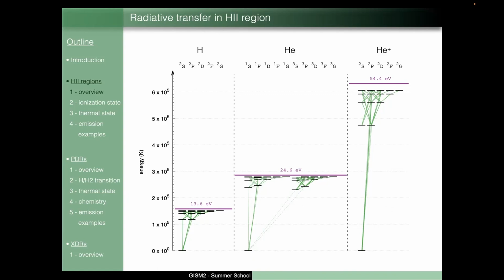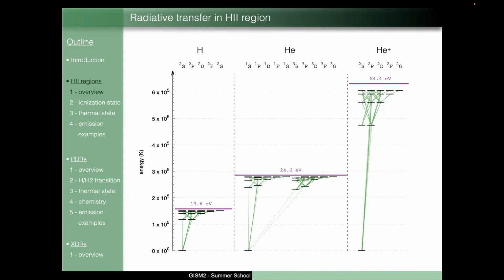Let's say, for instance, that you have a recombination on one of these levels here. This level will cascade downward through line emission, and all these lines won't have the energy to ionize hydrogen. However, at the end, they will reach this 3 level, 1, 2, 3. And this 3 level will eventually de-excite towards the ground state, and when it does, it will emit photons that can ionize hydrogen.